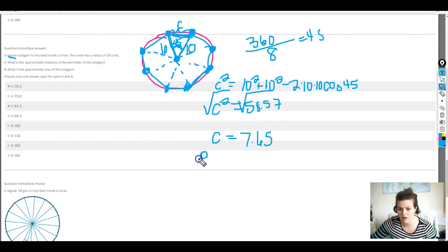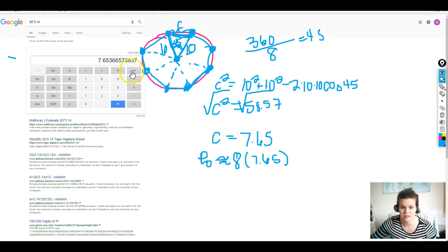So the perimeter of our octagon is going to equal 8 times 7.65 approximately. So 8 times 7.65, which is 61.2. So approximately 61.2.